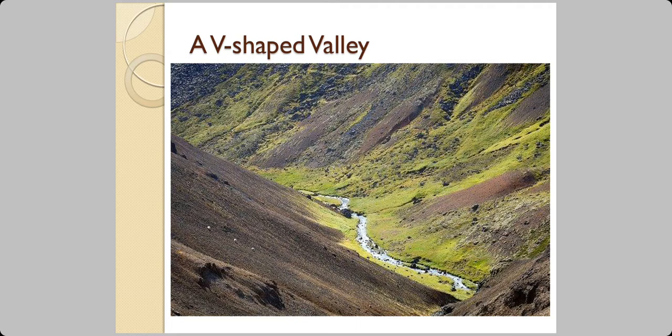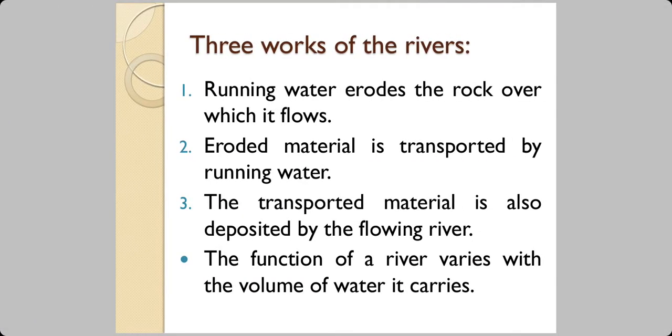Water is a liquid, and because of it being a liquid, it has its own way of flowing. And when it flows, it does some erosion and forms this kind of V-shaped valleys. Now, there are three works of the river. This you should know. Running water erodes the rock over which it flows.